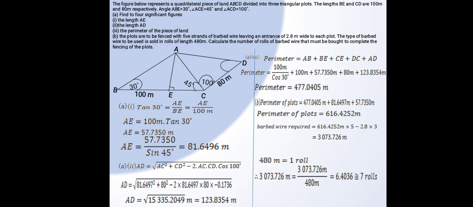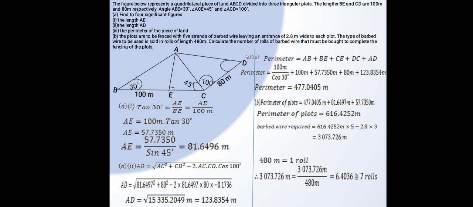So let's first calculate length AE. For length AE, we use tan, the opposite side over the adjacent side, and we get 57.735 meters.